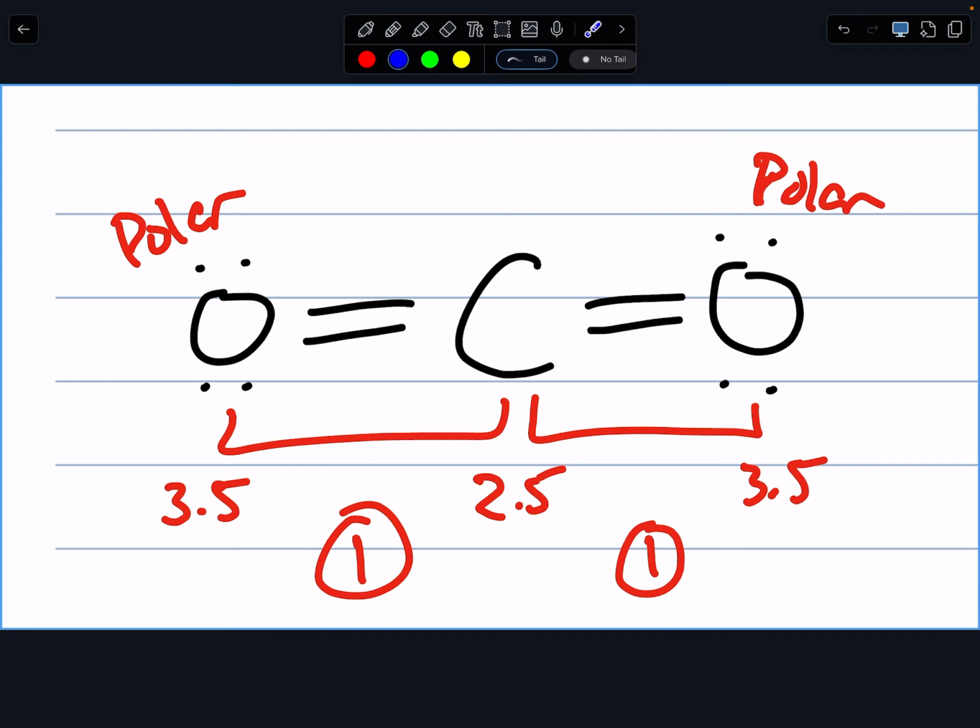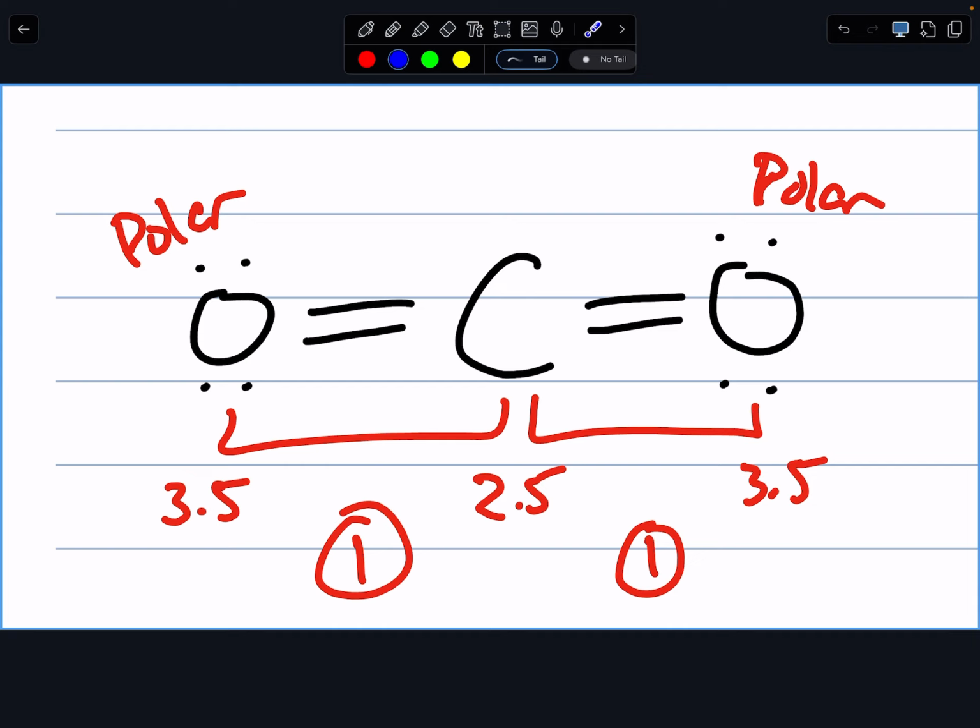Does that make sense? So what I like to think about is tug of war. I look at my central atom, I think of tug of war. If both of the elements are the exact same element, they're going to pull the same. And my carbon is not going to move. So the whole thing is going to be shared equally, which we call non-polar.